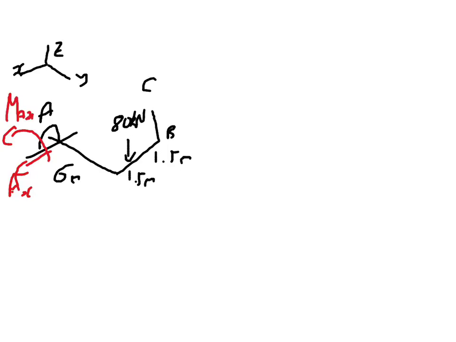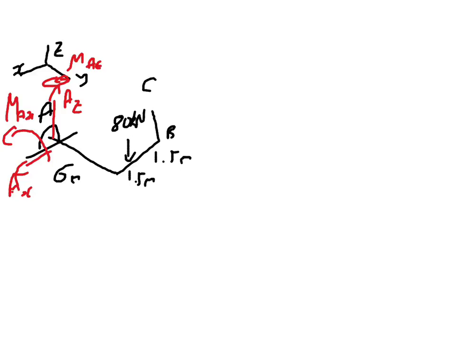We're calling it MAX for good reason, which will become obvious later. There's a resistive force this way, which we'll call AZ, and there's also a resistive moment about this axis, which will become MAZ. So there are 4 resistive components. Sorry, I called it resistive force, it's resistive moment. But there are 4 resistive elements.